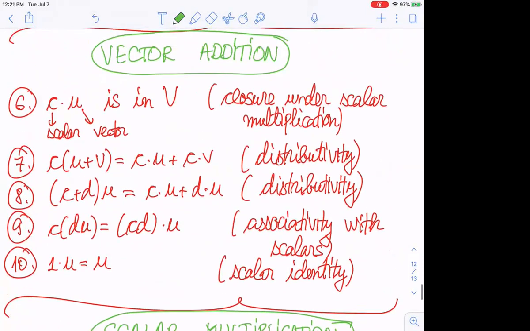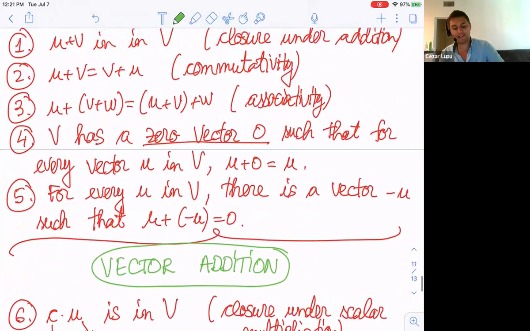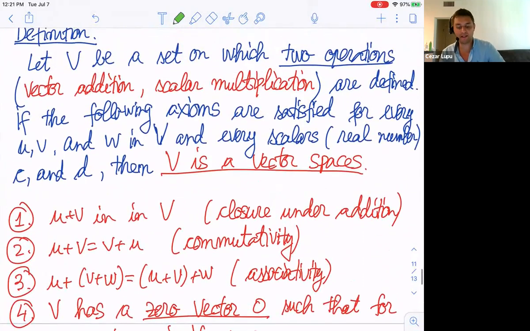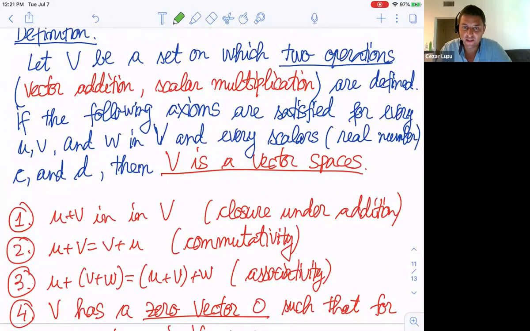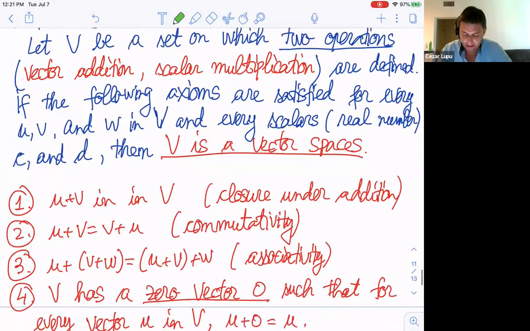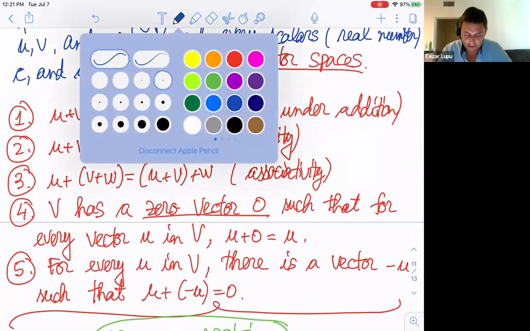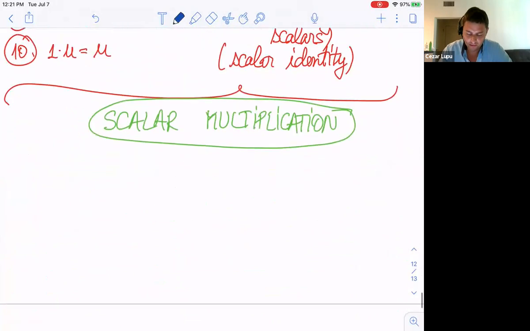Okay, so you see, there's this list of 10 axioms. They need to be satisfied so that a set is a vector space. Let me give you quick standard examples of vector spaces.